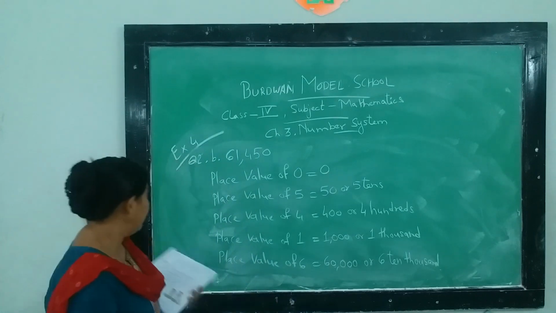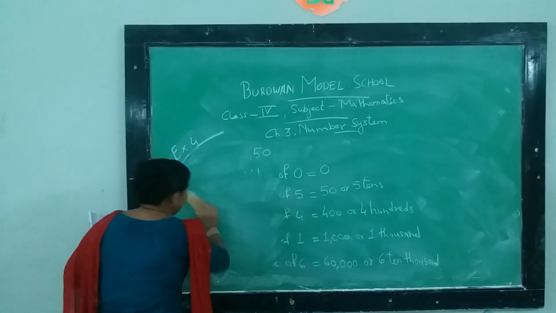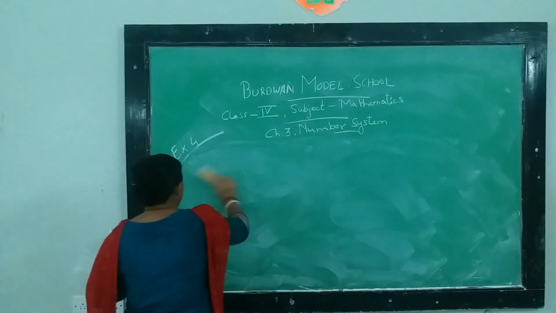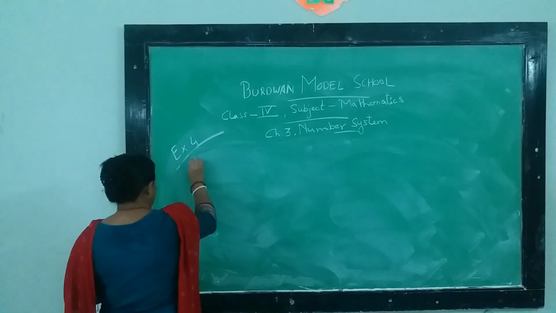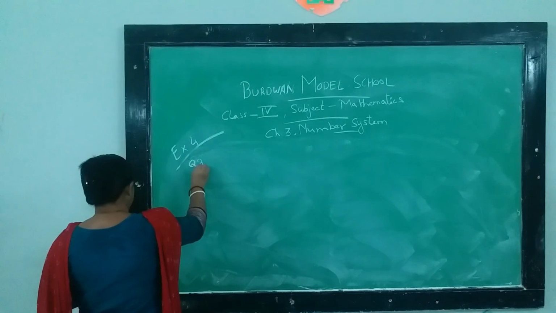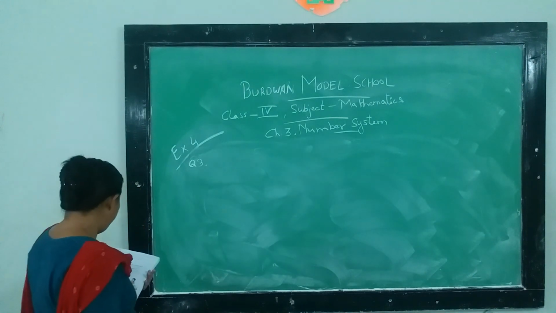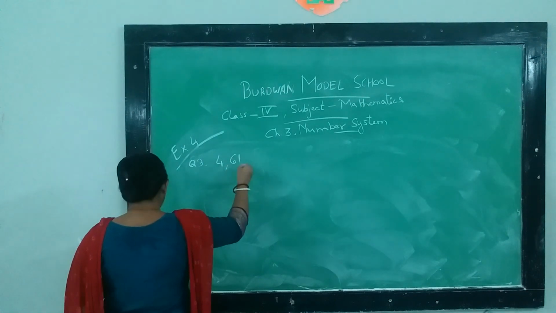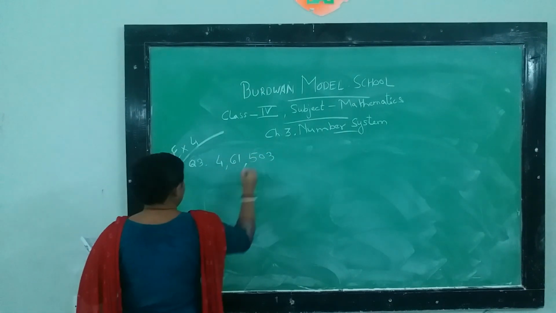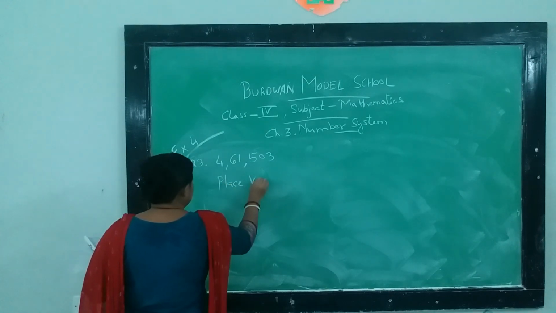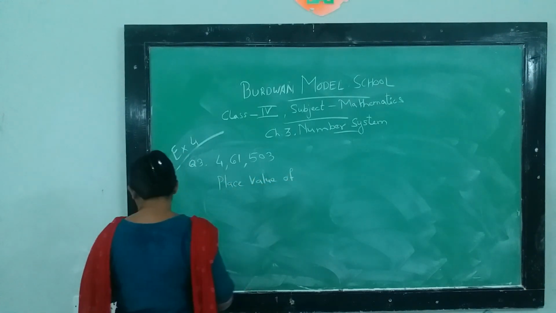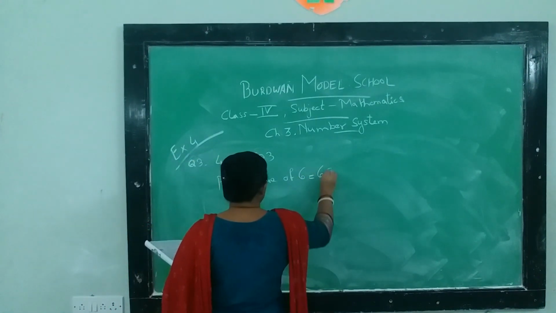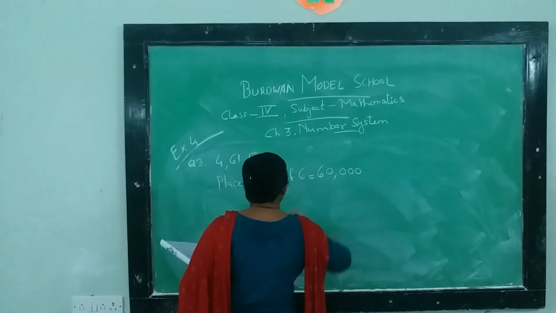This is question number 3. So you have to find the difference. First you write place value. The number is given 4,61,503. So place value of 6 is 6 in the 10,000s place, so 60,000.